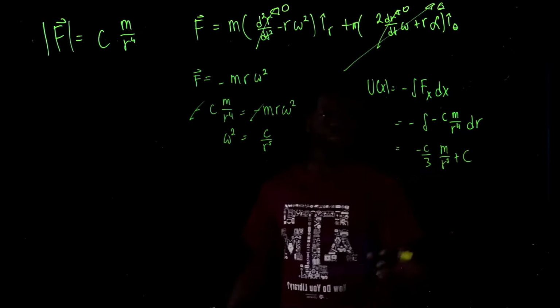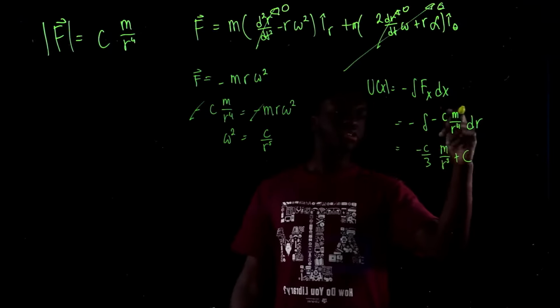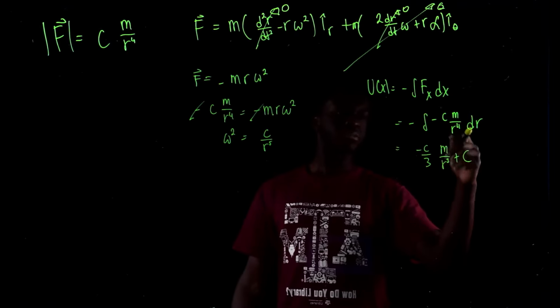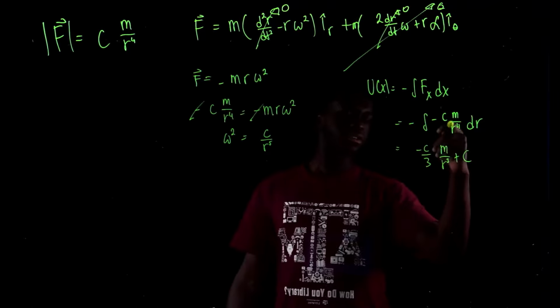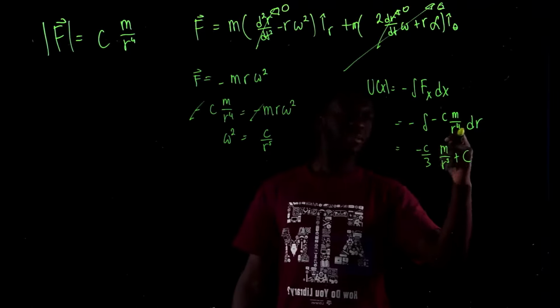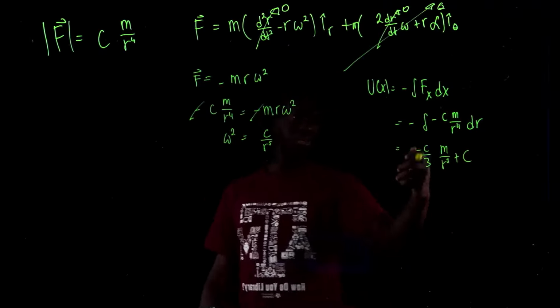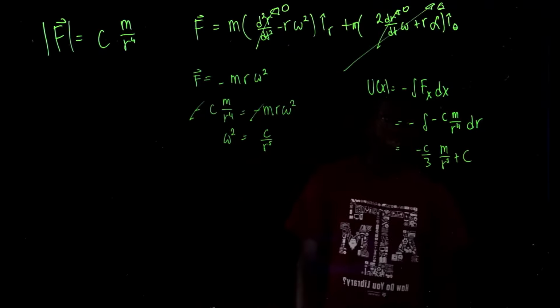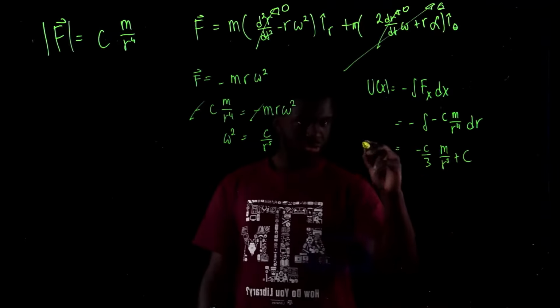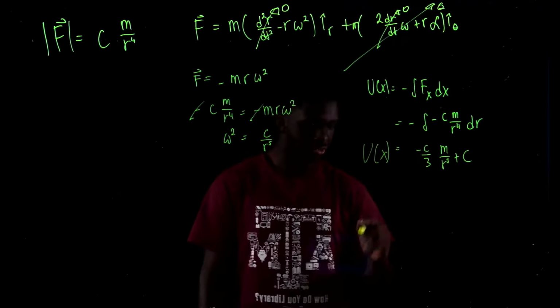If you integrate, you add 1 to the exponent and divide by the new exponent. So it's going to be negative c m r to the negative 4. You add 1, it's going to be negative 3. Then you divide by negative 3, and that is what it equals. So that is the potential energy right here. We got the potential energy.